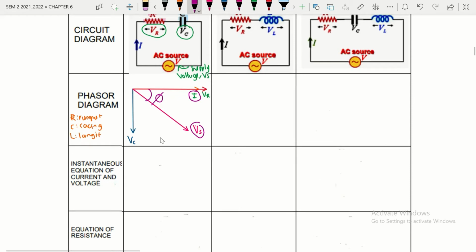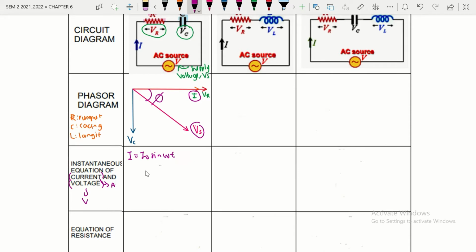Now let's write the instantaneous equation of current and also voltage. Remember, current unit dia adalah ampere dan voltage unit dia adalah volt. Instantaneous equation of current adalah masih sama: I equals I naught sin omega t.